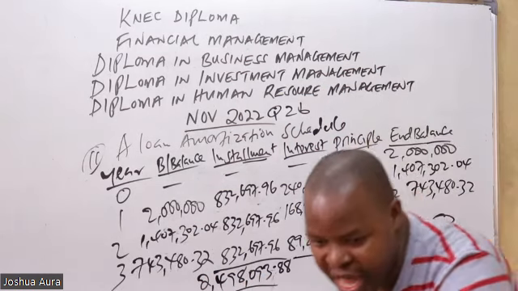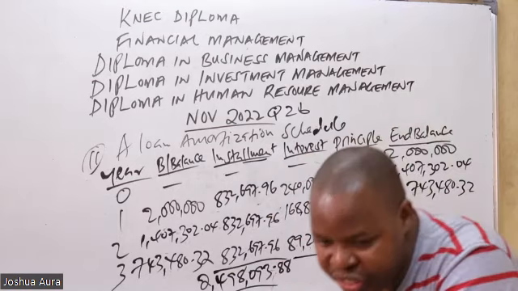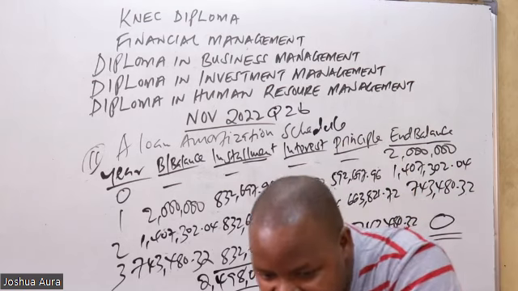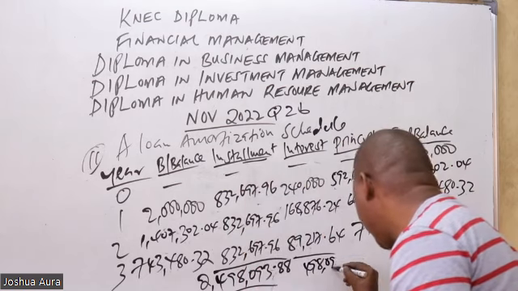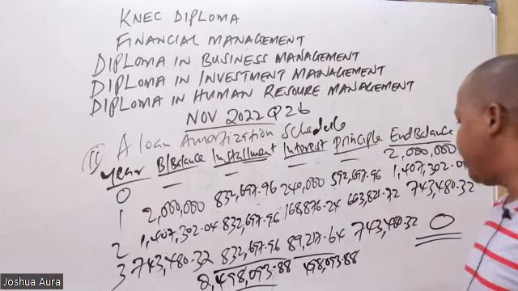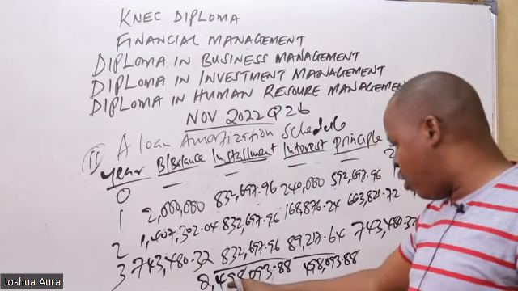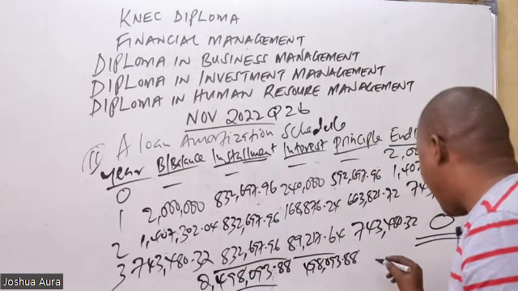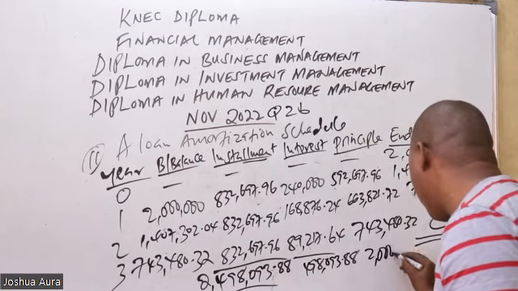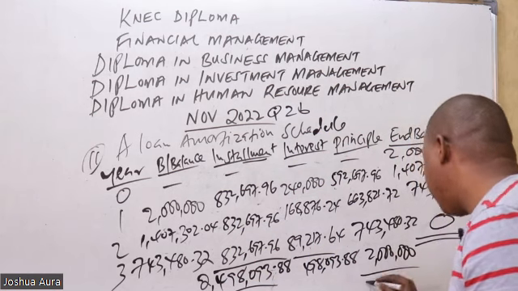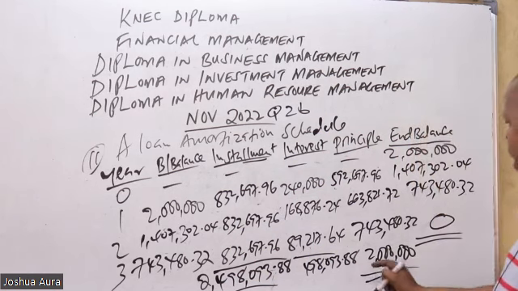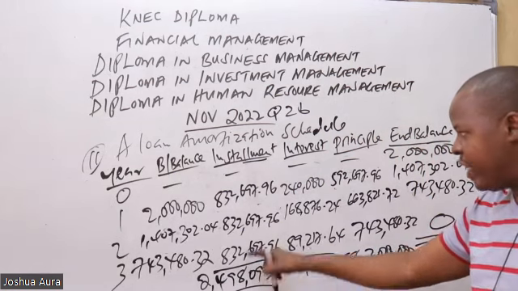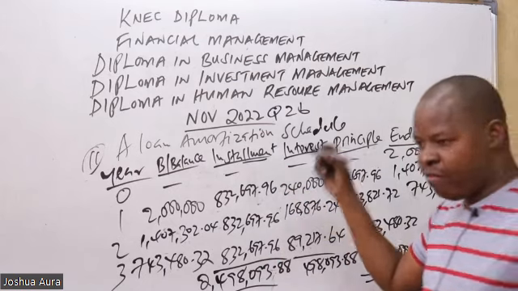The total interest here, when you add this column of interest, you will get the total. So when you take the installment minus this interest, you get principal amount as 2 million, which you borrowed. So when you take the principal plus the interest, you will get the installment you paid for that loan.